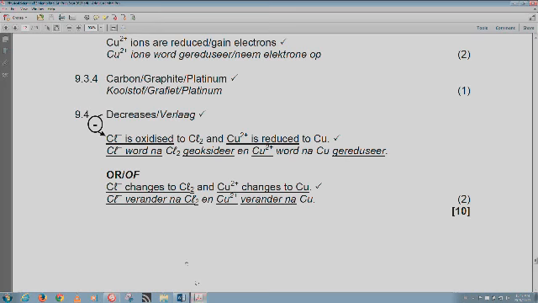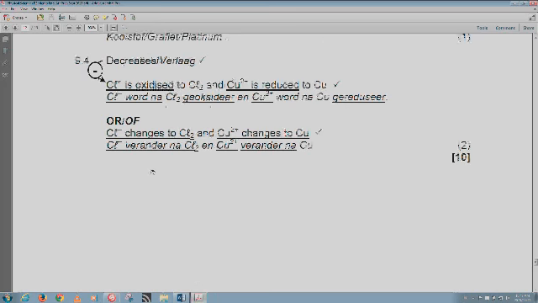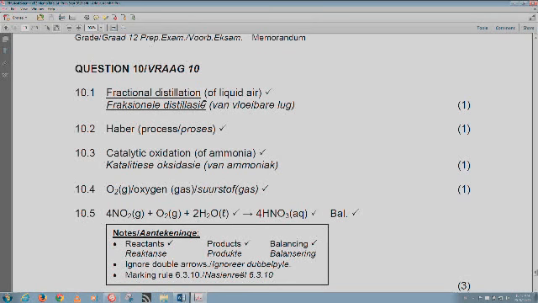So the name is fractional distillation. And colleagues, please ensure the learners write fractional distillation, not frictional. It is fractional distillation of liquid air, but the 'of liquid air' can be ignored. If the fractional distillation is there, it's 1 mark.